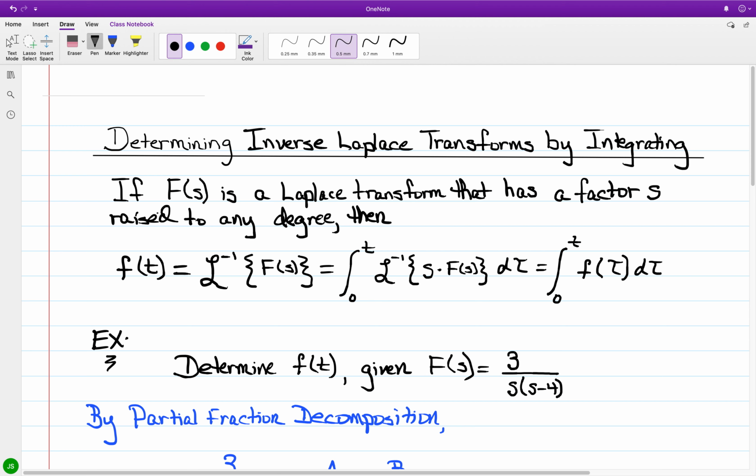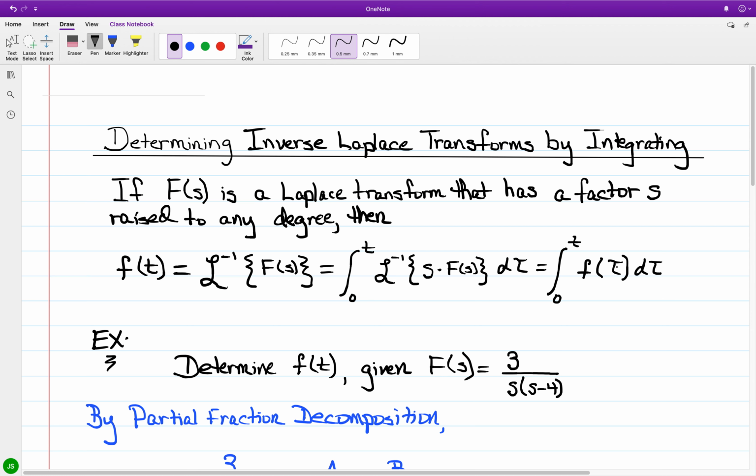Here we have that if F(s) is a Laplace transform that has a factor s raised to any degree, then for the inverse Laplace transform, f(t) is equal to the inverse Laplace transform of F(s), which is equal to, having tau as the variable of integration, the integral as tau goes from 0 to t of the inverse Laplace transform of s times F(s) d tau, and that is equal to the integral as tau goes from 0 to t of f(tau).